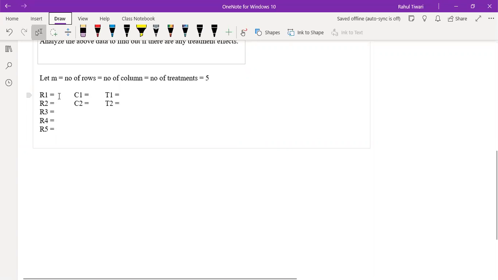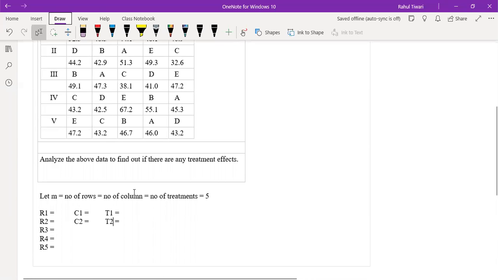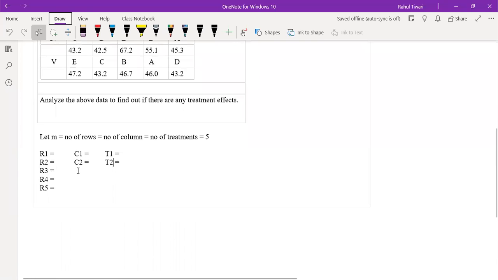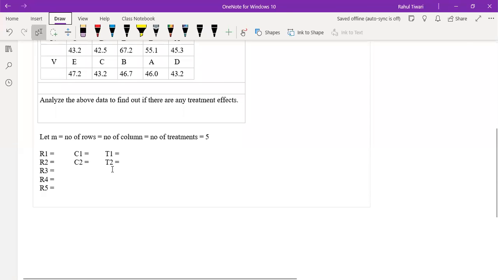So you need to just take the row total. First row total, take its total, second row take its total, third row take its total, and keep ready with all the materials. I'm just going to ask you, then you can tell. Similarly, you can find column total this way and calculate. Or if you have done, you can put it in the chat box, no problem at all.